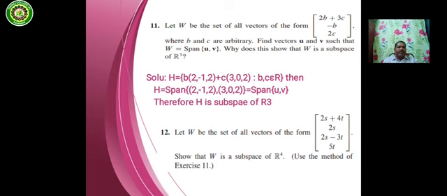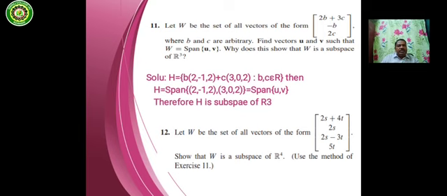In the same way, next problem. Let W equal the set of all vectors of the form (2s plus 4t, 2s, 2s minus 3t, 5t). So here we write s into (2, 2, 2, 0) plus t into (4, 0, -3, 5).